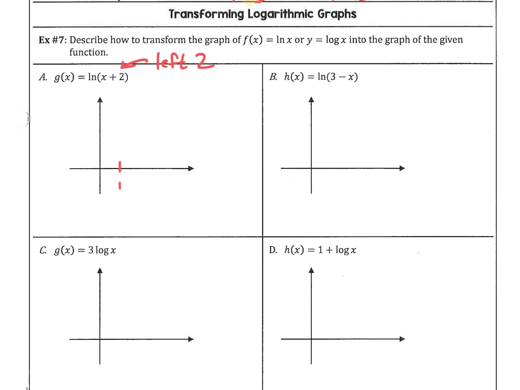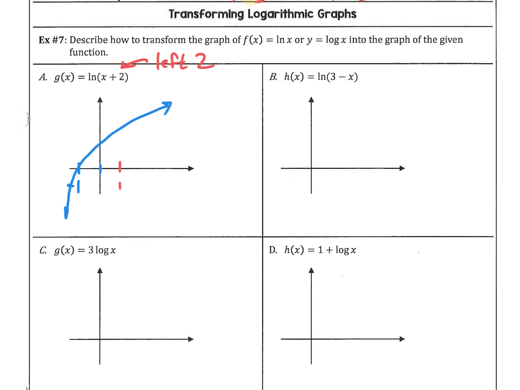So if we go left 2 spaces, where does that put it? It puts it here at -1, doesn't it? Yes? So it's going to pass through -1 and go. Isn't that what natural log function looks like?